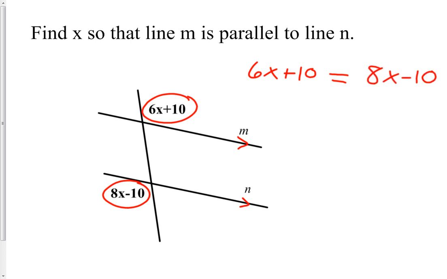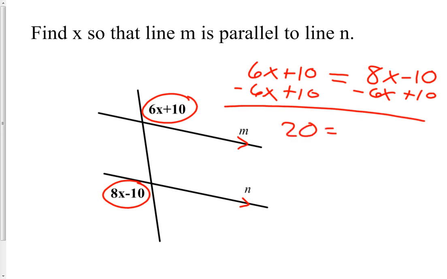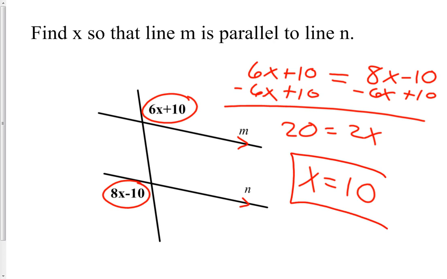If lines are parallel, alternate exterior angles are congruent. Solving for x, let's subtract 6x and add 10. So 20 equals 2x, x equals 10. There we have it. We solve for x knowing that line M is parallel to line N.